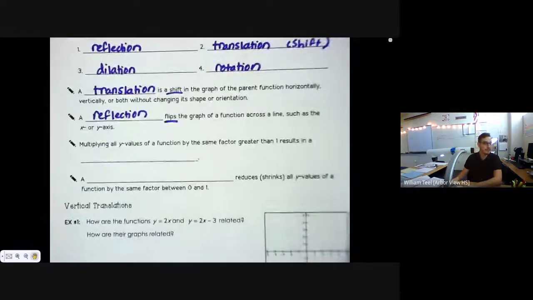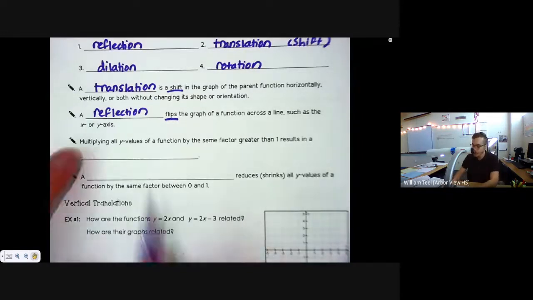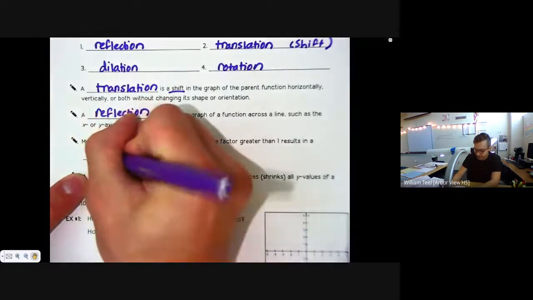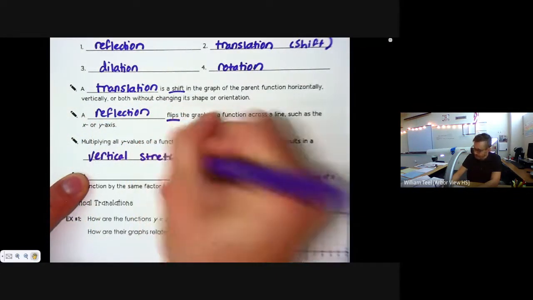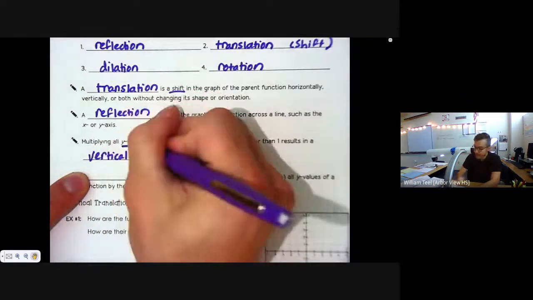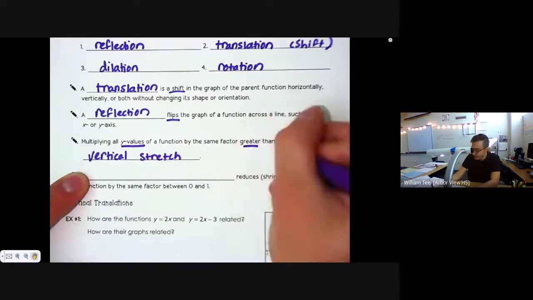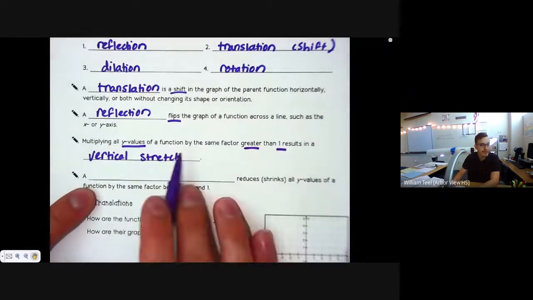All right, moving down here, multiplying all y values of a function by the same factor greater than 1 results in a vertical stretch. So if we are multiplying all of those y values of a function by the same factor that is greater than 1, that means we are stretching the graph vertically, and we're going to talk about these a little bit later on.